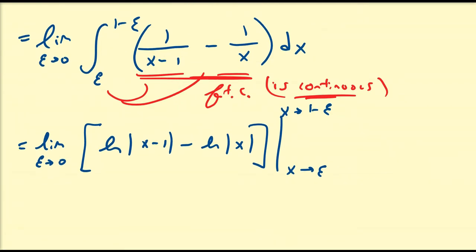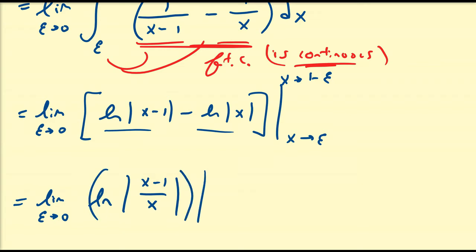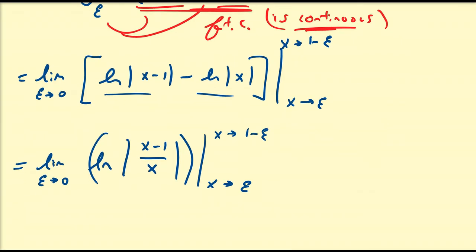All right, so let's algebraically deal with this. We have two natural logs subtracted from each other, so let's make things a little bit nicer. We have the limit as epsilon goes to 0 of the natural log of the absolute value of (x minus 1) divided by x. We still need to evaluate this at 1 minus epsilon and epsilon. Actually, I'm going to evaluate this now.